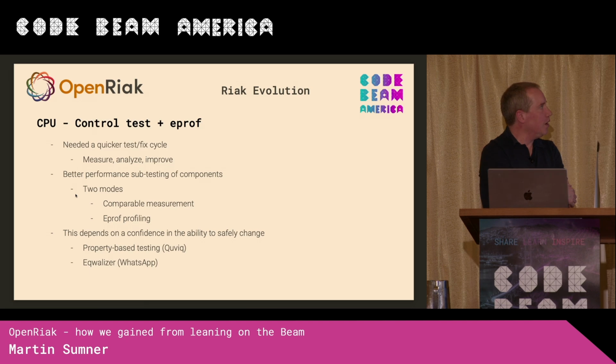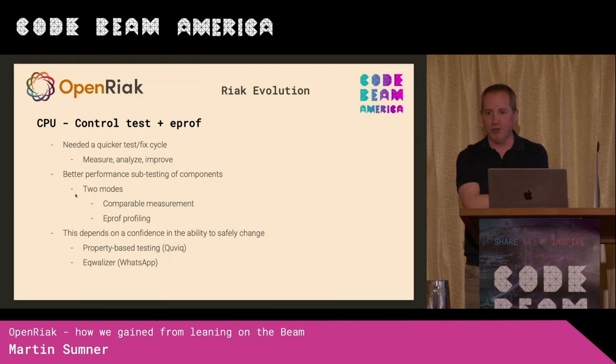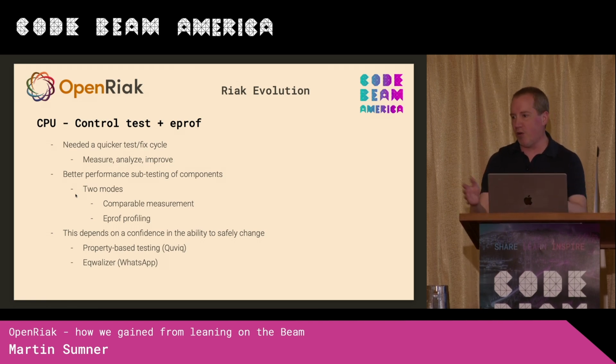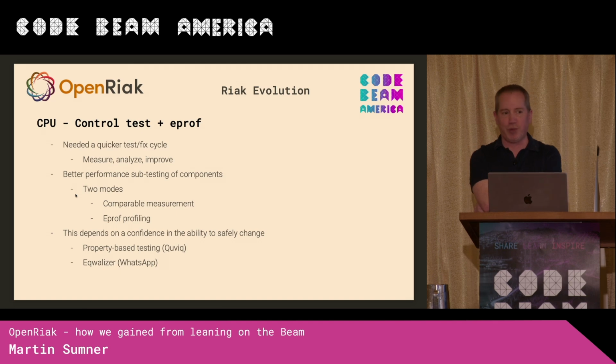So the big thing that we did is that we started looking at the Erlang eprof profiling tool and thought, well, this looks quite useful. But we can't really run eprof profiling within a flat-out cluster across the 48-hour test. We need to subdivide our workloads into more testable components.